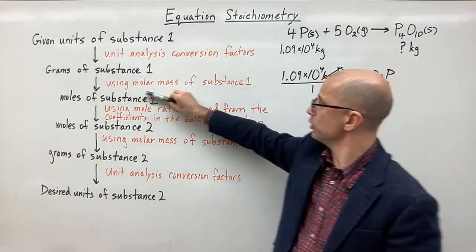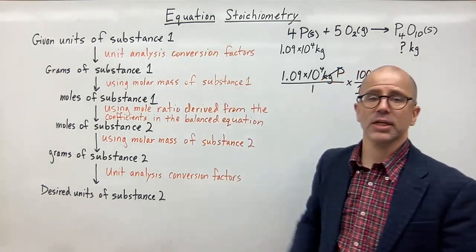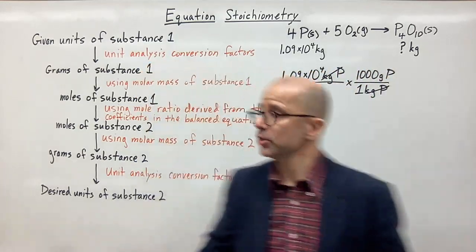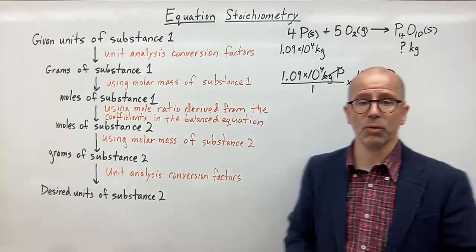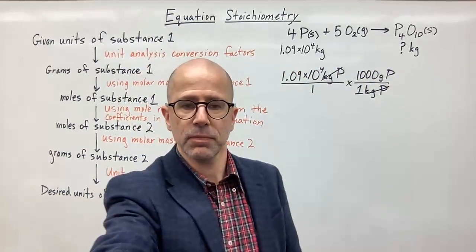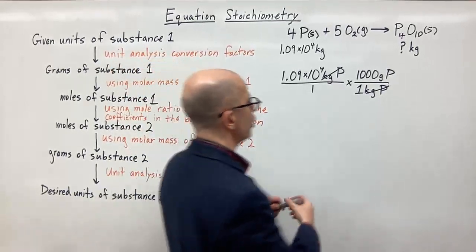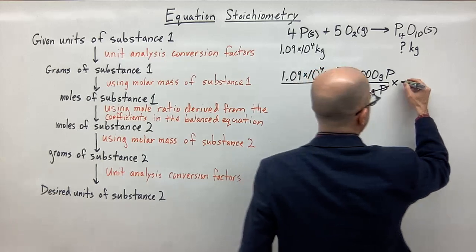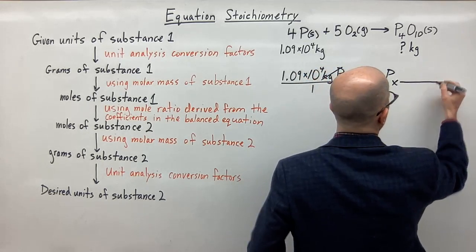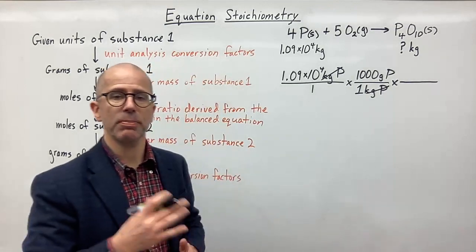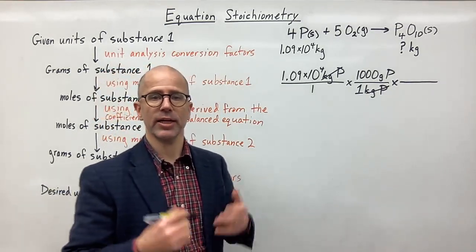Now I'm going to use the molar mass of phosphorus to go from grams to moles. Let me look that up. 1 mole of phosphorus is equal to 30.9738 grams.